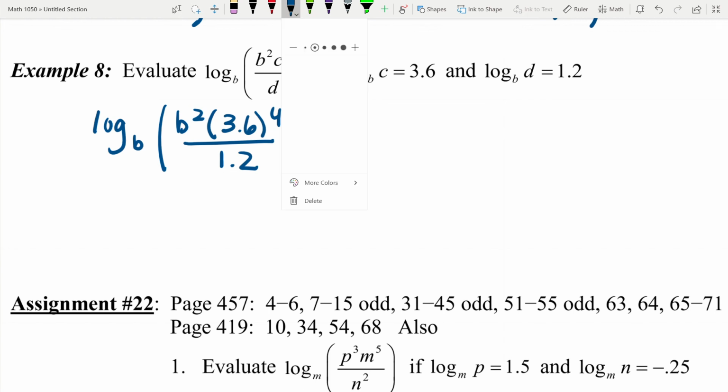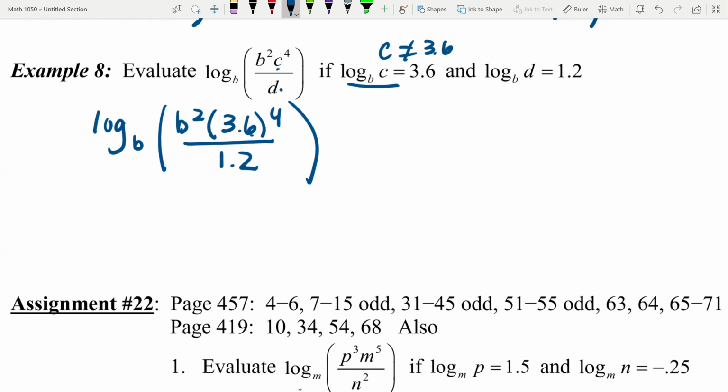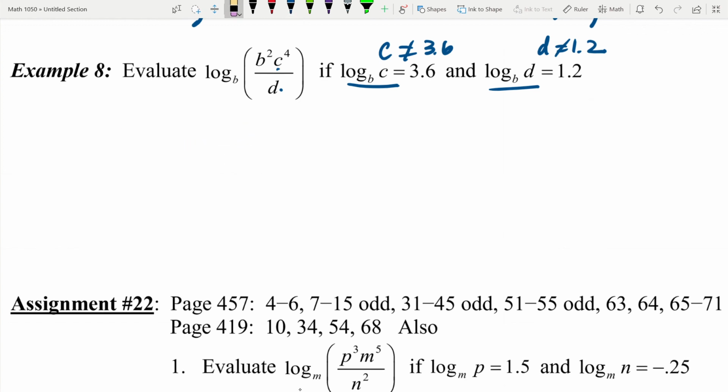He said C is not 3.6. That is not what they said. They said log base B of C is 3.6. I let D be 1.2. This does not say D is 1.2. This says log base B of D is 1.2. You are exactly right. Who understood what he just said? Raise your hand. Okay, yay. So you know what you do? Don't do that. That is the #1 thing people do wrong.